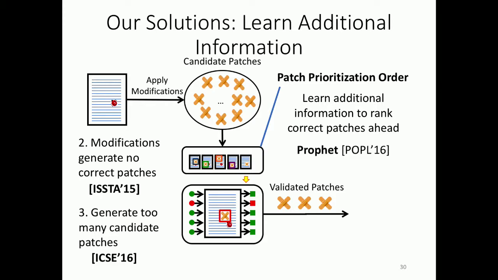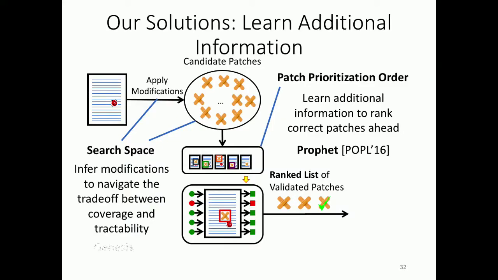We implemented our idea in Prophet. We use the learned information to determine the patch prioritization order, and then the input to the validation stage becomes a ranked list. So we will have a ranked list of validated patches, and hopefully the correct patches get ranked ahead of those validated but incorrect patches with the learned information.